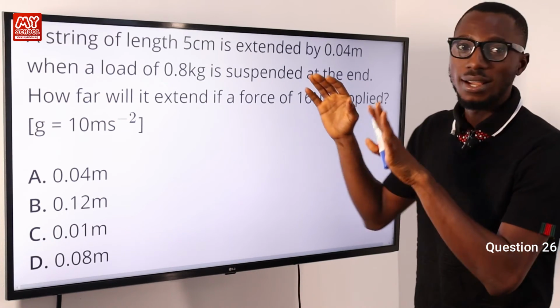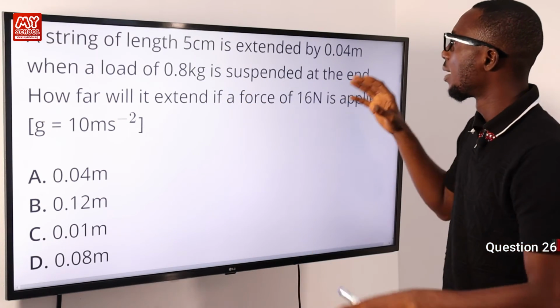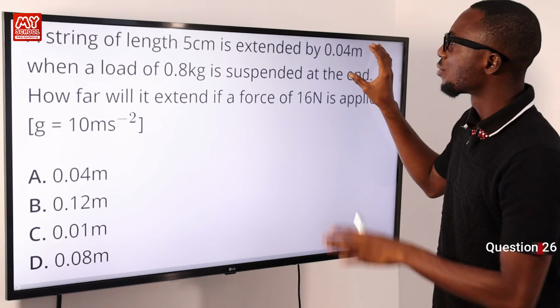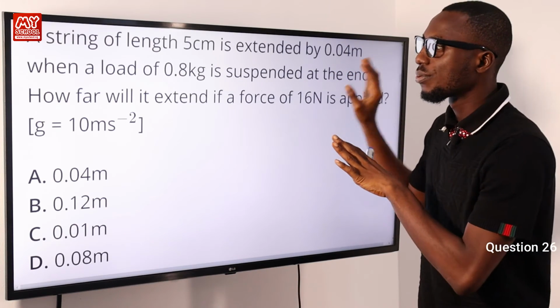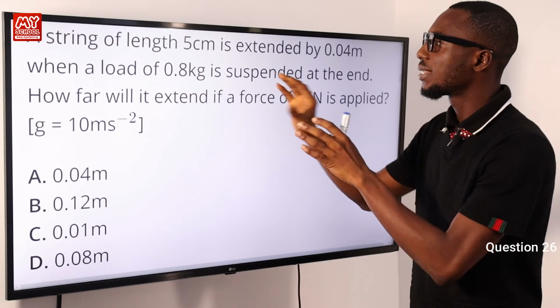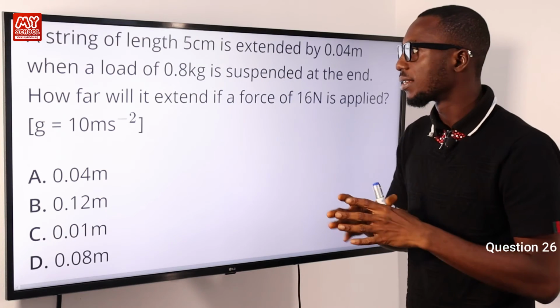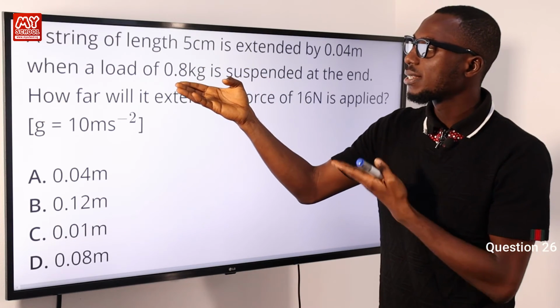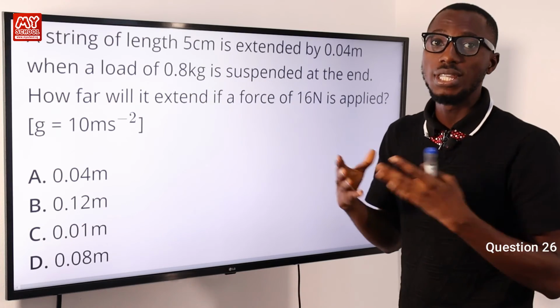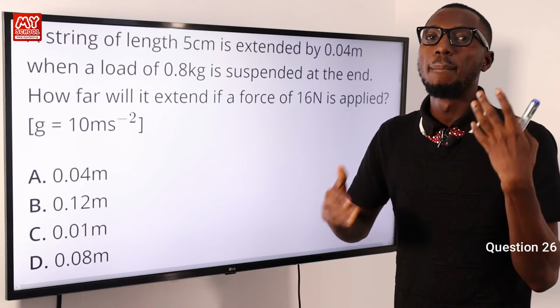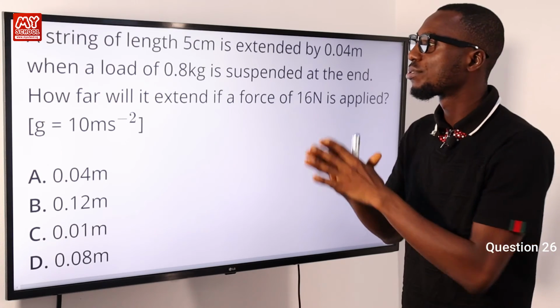We can deduce from the question that an extension of 0.04 meters is produced when a load of 0.8 kg is applied. Converting this 0.8 kg to Newton, that would be roughly times 10, and that gives you 8 Newton.